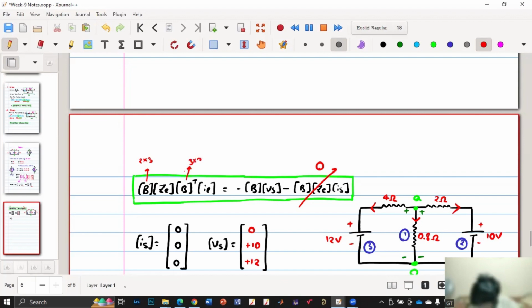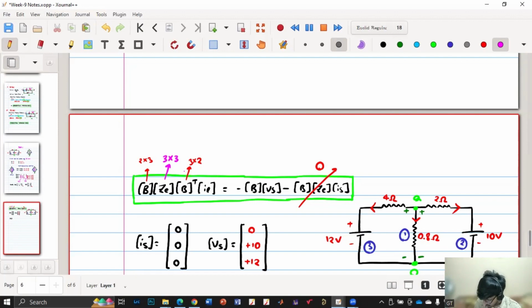So what should be the size of ZE, so that the matrix multiplication will happen? If it is 3 cross 1, on the left hand side it will be multiplied, but on the right hand side it cannot be multiplied, right? So it should be 3 cross 3.